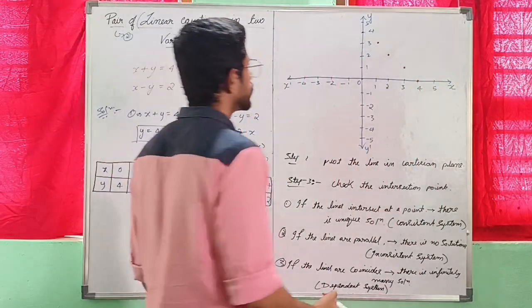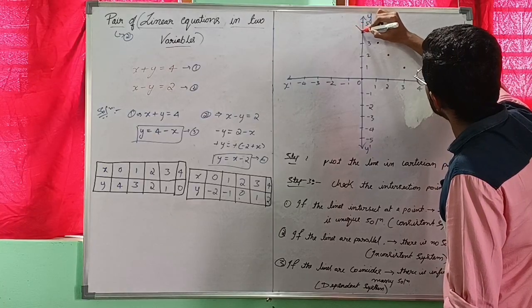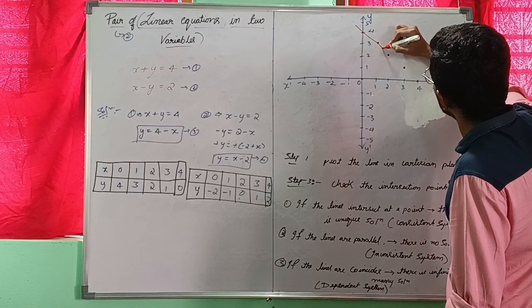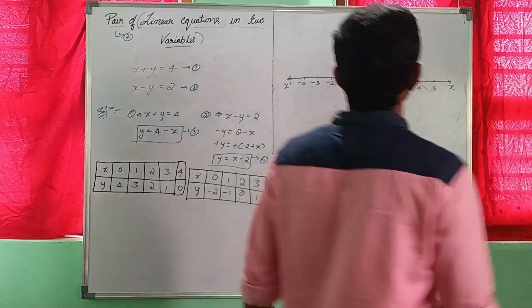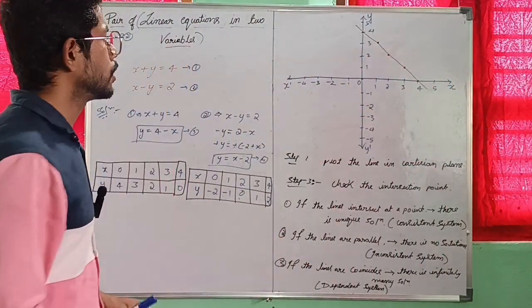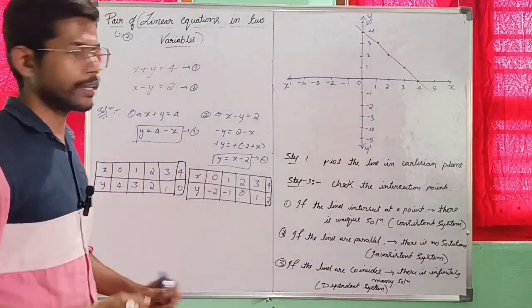Let us draw the line for these points. This was the line. Now let us draw the points for equation 2.